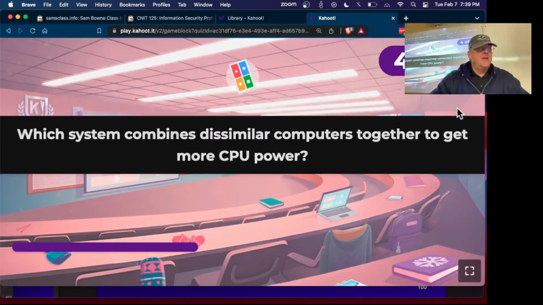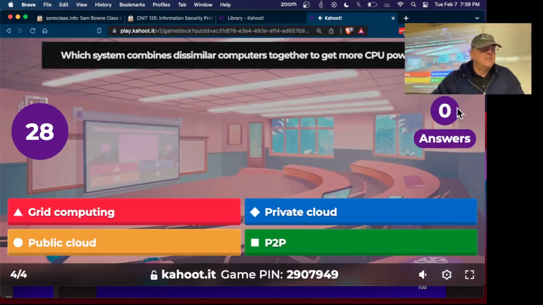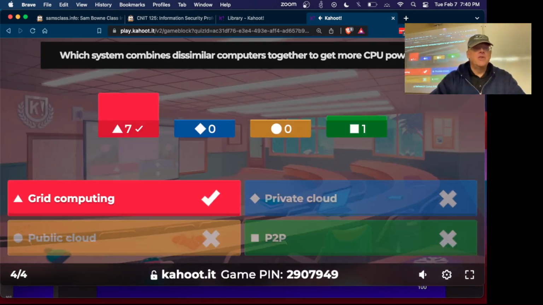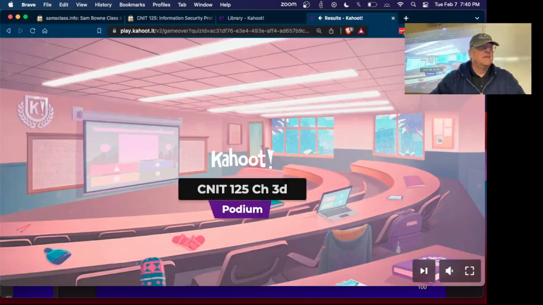All right, so if you combine dissimilar computers, what have you got? That's grid computing. All right.